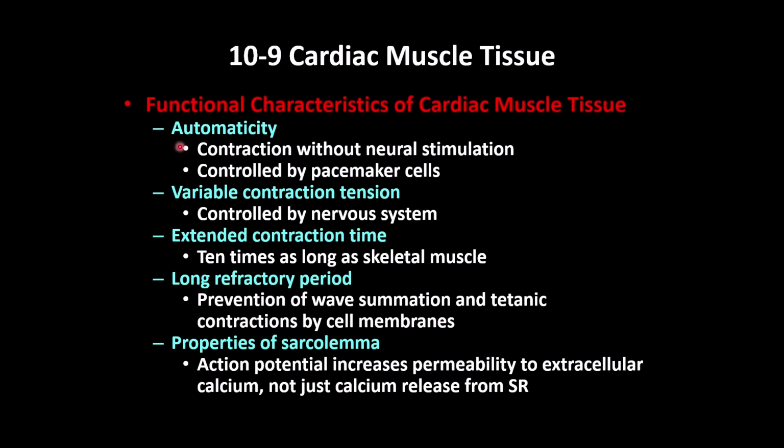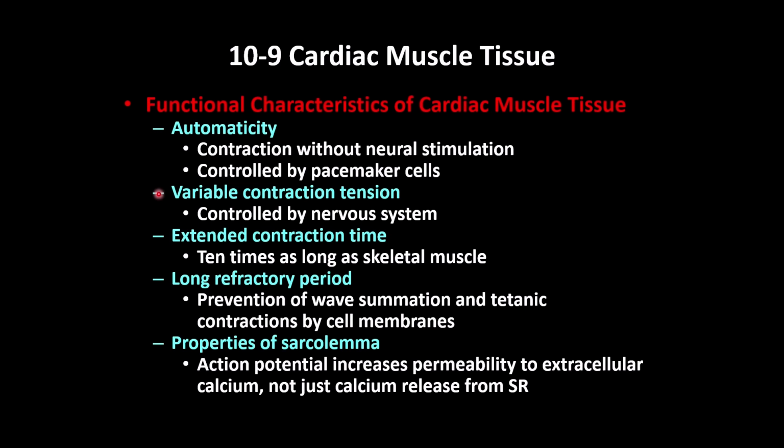They have a lot of specific characteristics. One is automaticity, which means that they have their own pacemaker cells. They are similar to nerve cells in that they can activate and change membrane potential, and that will stimulate muscle contraction. But they are also influenced by the nerves that are coming from the brain.